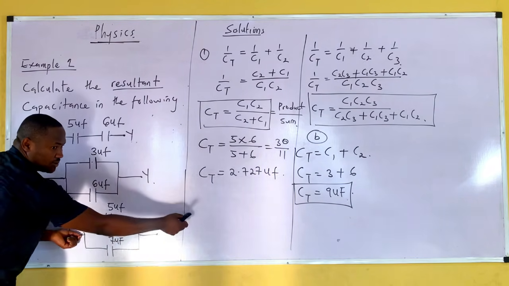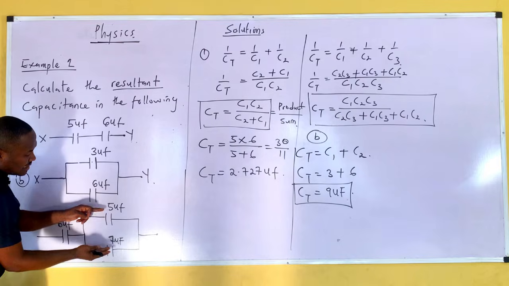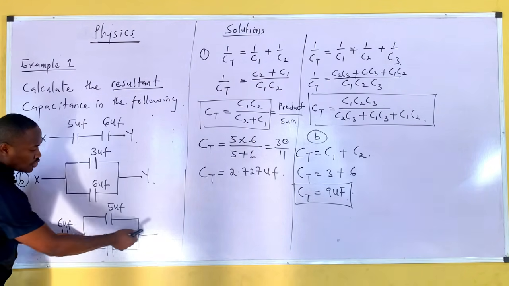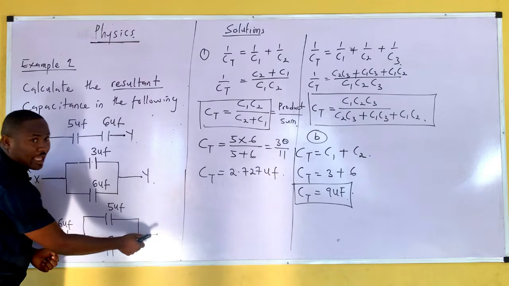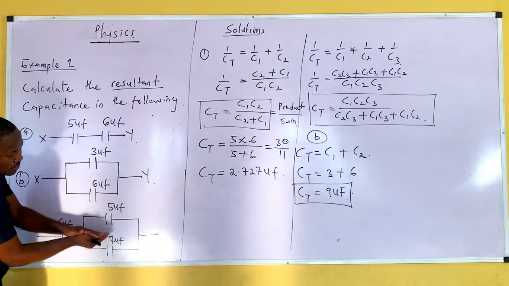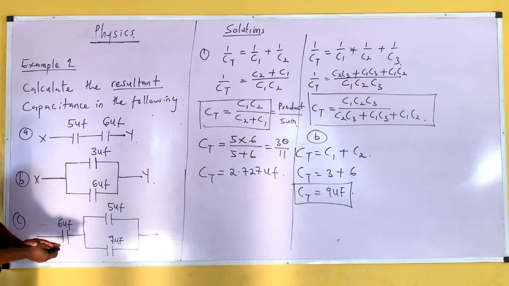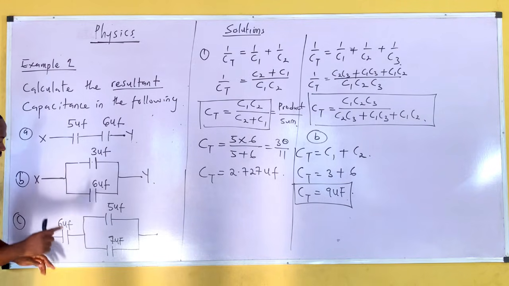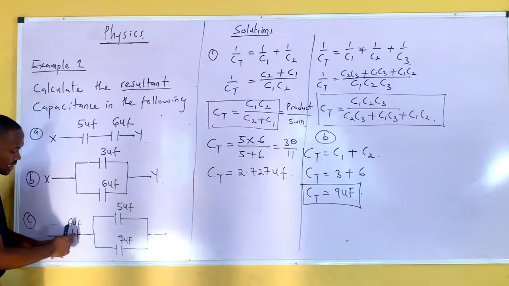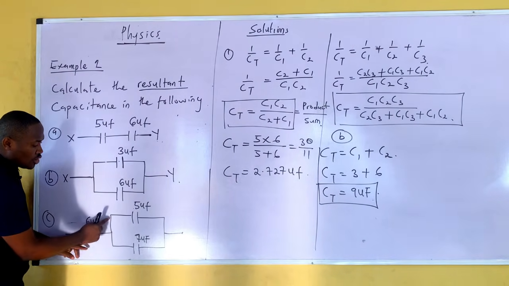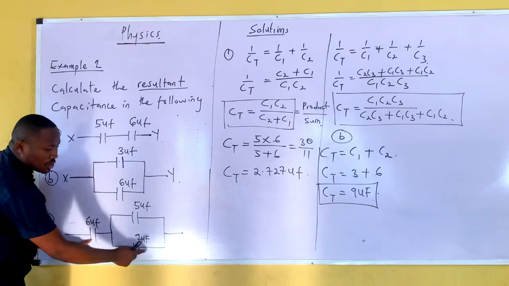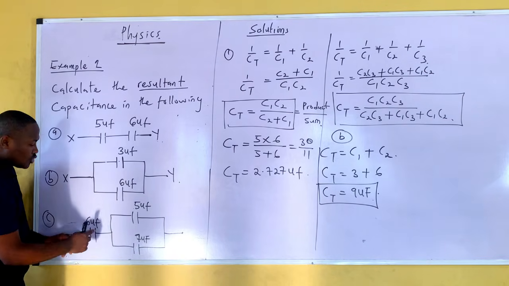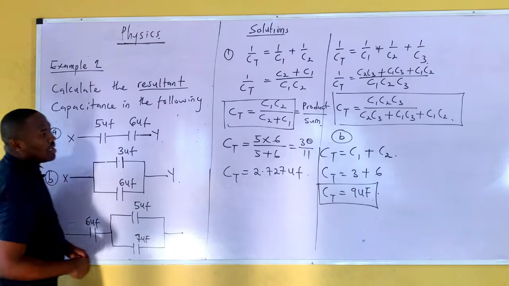If I stretch it, there is a high tendency that these two will meet each other. So when you draw like a rope and these two can meet each other, it shows that they are in parallel. Another way you know is that a charge that gets to this point, some will go up while some will come down, meaning these two places are in parallel. So 5 and 7 are in parallel.